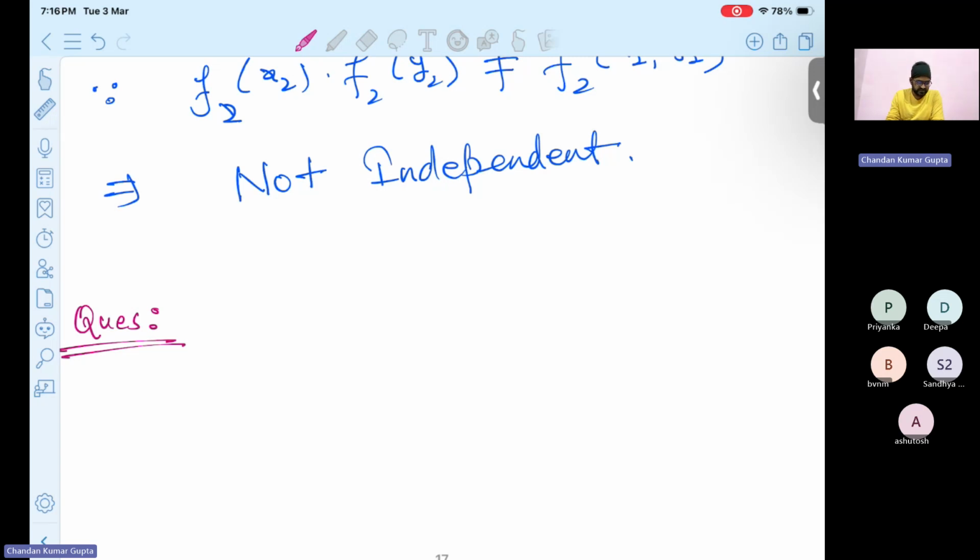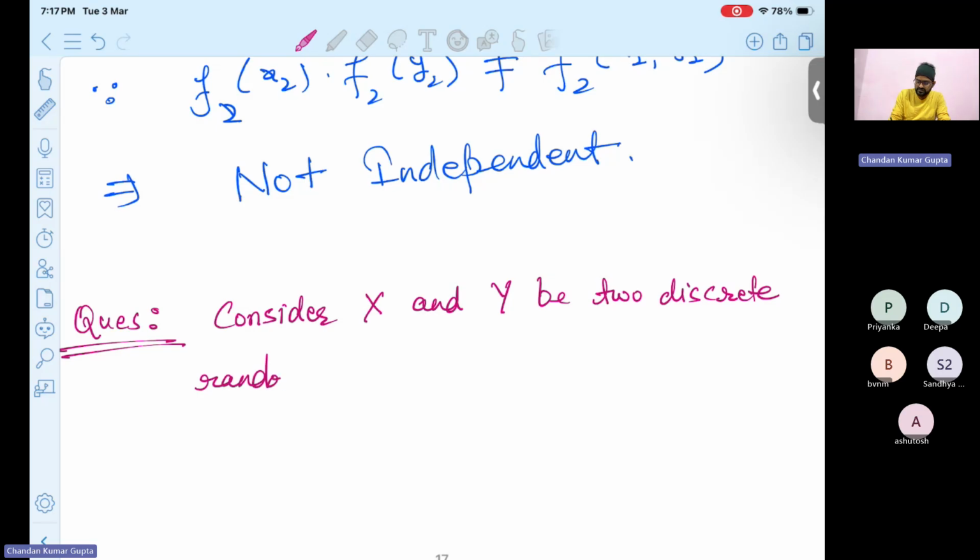So the question will be like: consider X and Y to be two discrete random variables with joint probability mass function, PMF, as we are given the PMF here.